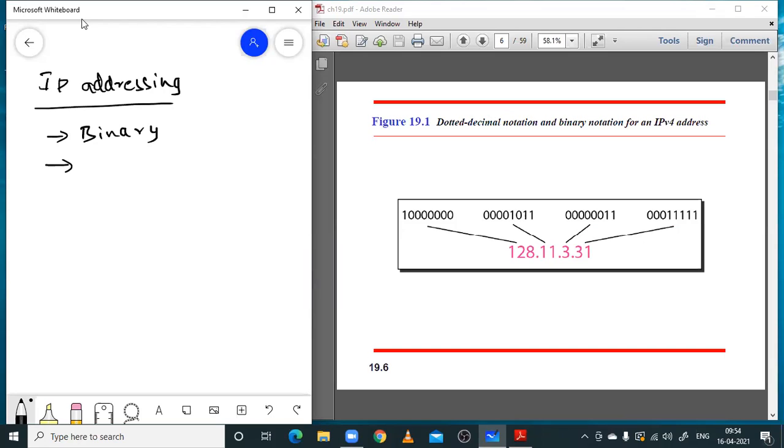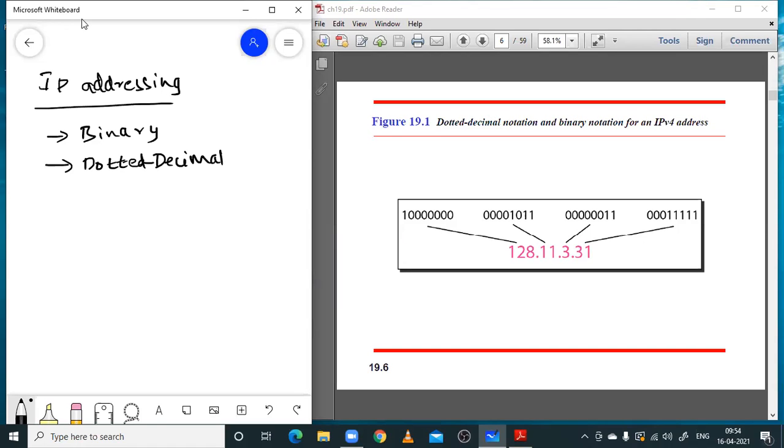There are two ways of representing the IP address: binary representation as well as dotted decimal representation.